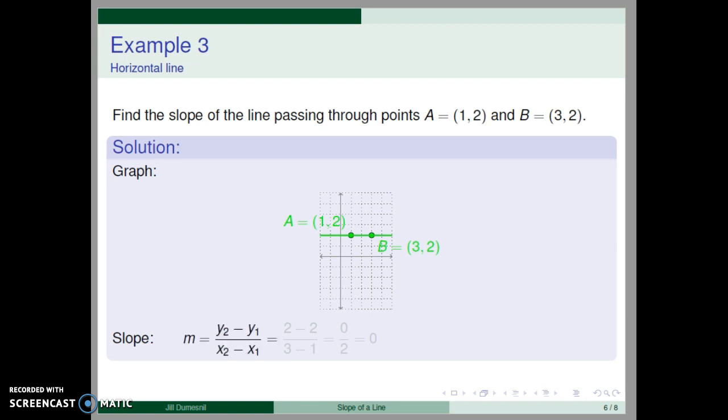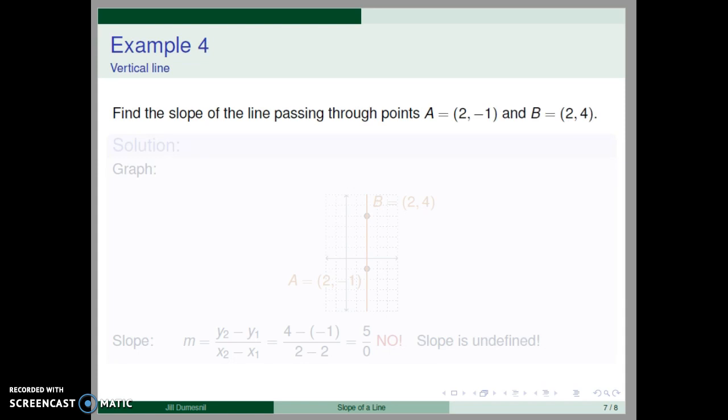So when we calculate the slope, we want the change in y values over the change in x values. The y values are equal, so the change in y is 2 minus 2, or 0, and the change in x values is 3 minus 1, or 2. Therefore, the slope is 0 over 2, which equals 0. Recall that a fraction with 0 on the top and any non-zero number on the bottom equals 0.